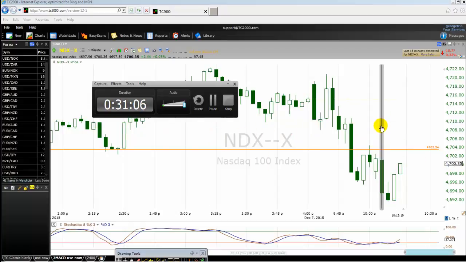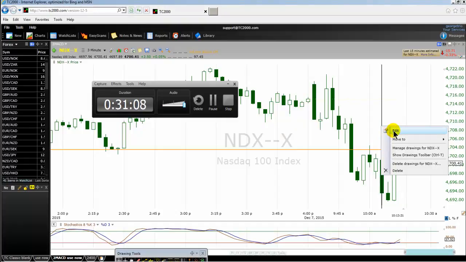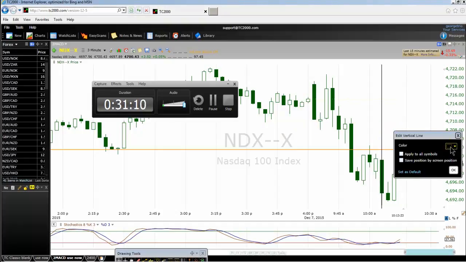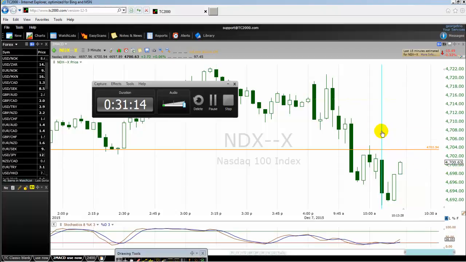Let's pause the video. But before we go, color my vertical line into quartz. And what I'll do is wait until there is something significant going on here before we resume our video, to avoid the video being too long. So now you see we enter the trade, we set the stop loss, and then we also set a target.